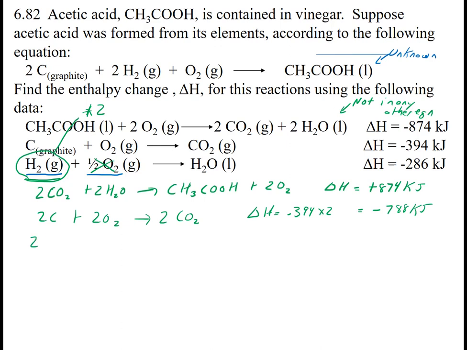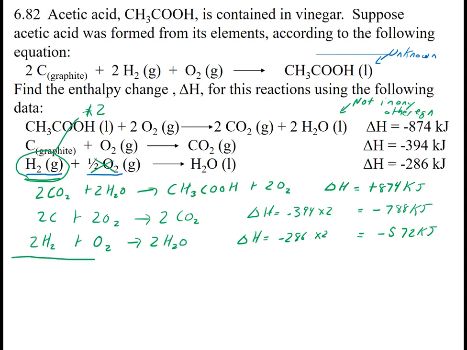So I have 2 hydrogens plus 2 times 1/2 is just 1 oxygen, and 2 waters. And then also multiply my delta H by 2, so a negative 286 times 2 gives me a negative 572 kilojoules.